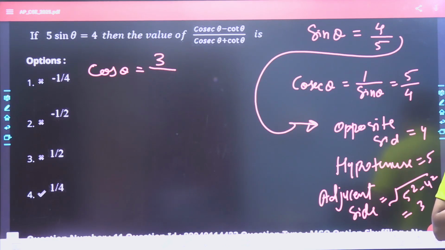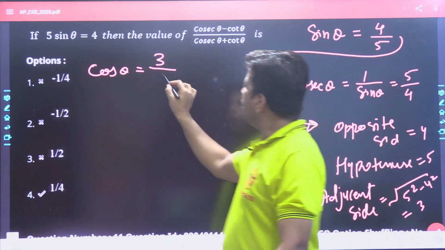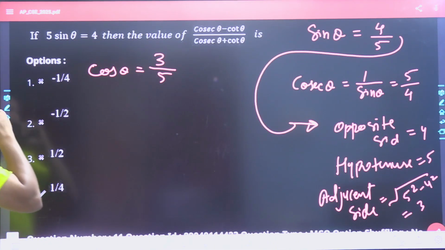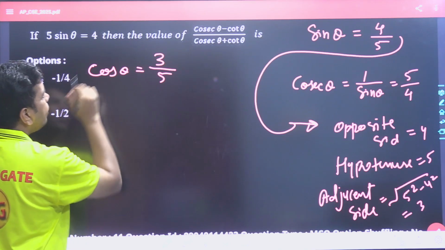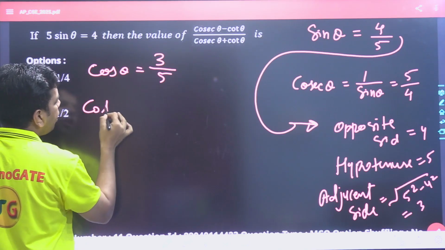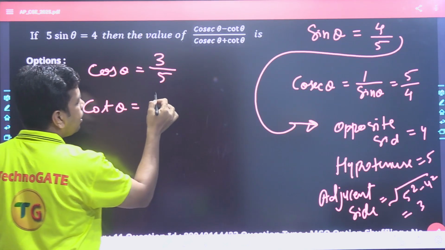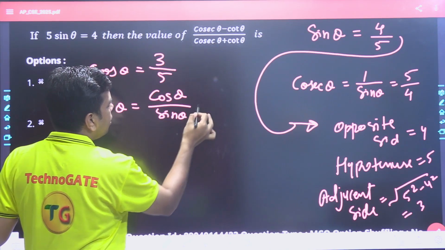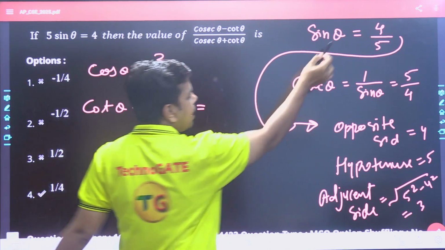So the value of cos theta is what? Let's see, the value of cos theta is 3 by 5.